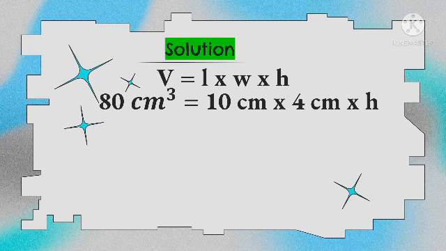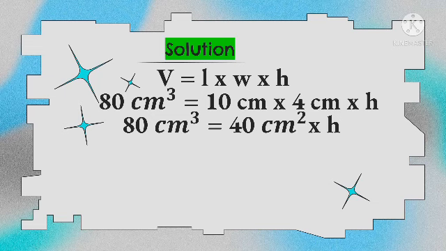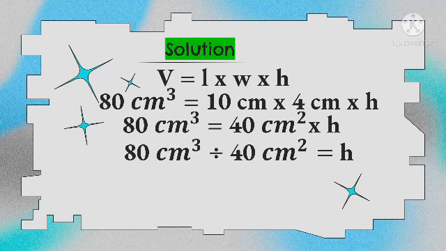So, ang gagawin natin, i-multiply muna natin yung 10 centimeters sa 4 centimeters. So, we have 40 square centimeters. So, again, unknown yung height, then yung volume is given na 80 cubic centimeters. So, ano ba? Para mahanap natin yung height, anong gagawin natin? So, gagawin lang natin is i-divide natin yung given na volume sa area, sa nakuha nating area na length times width, di ba? So, to find the unknown height.